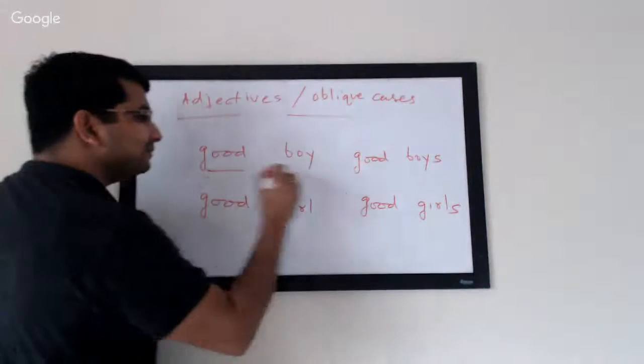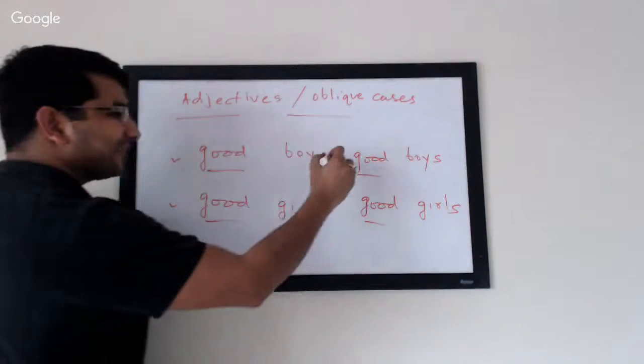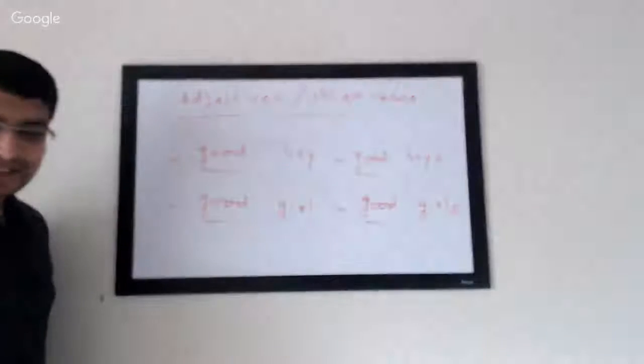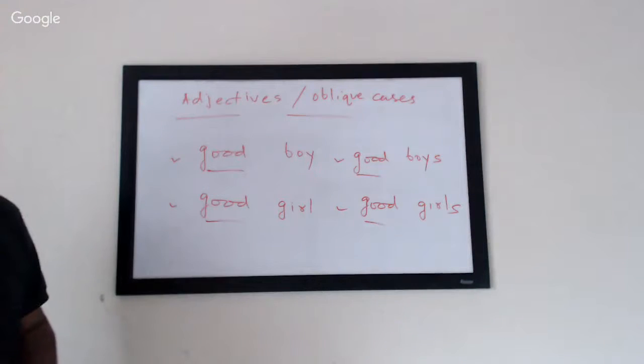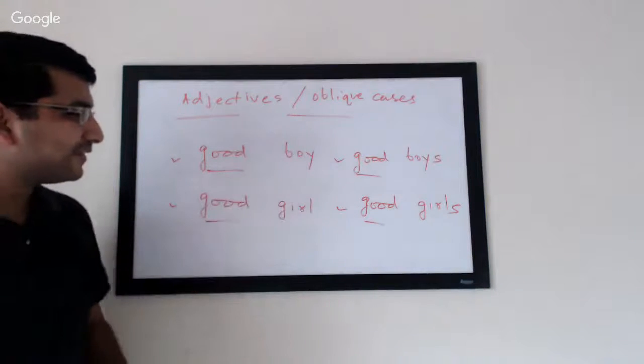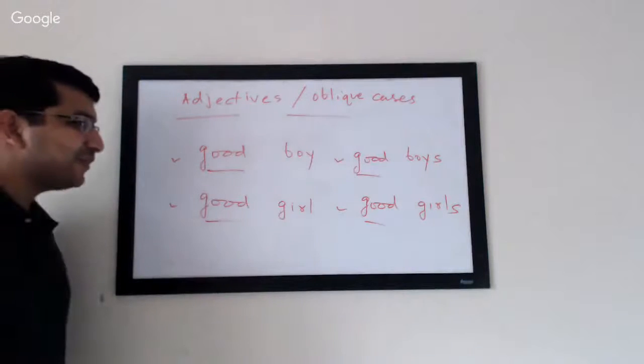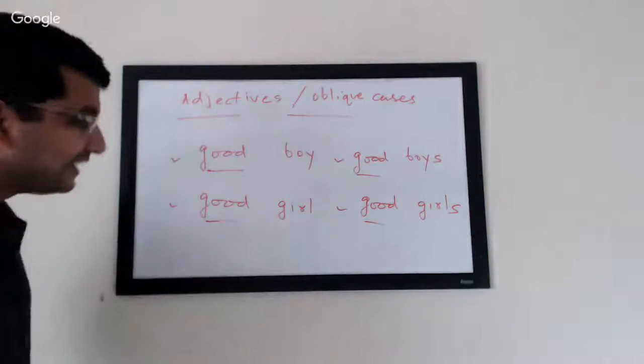All of them are good. There's no confusion. Hindi doesn't work like that. Hindi changes. We have a separate, different good for all of them. If you are one boy, it's a different good. Then you have many boys, and similarly for girls.